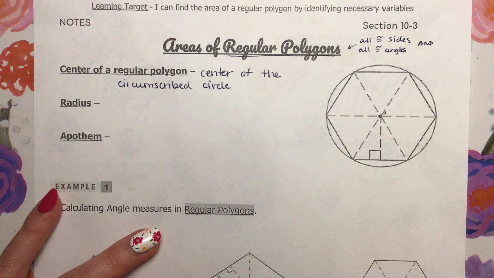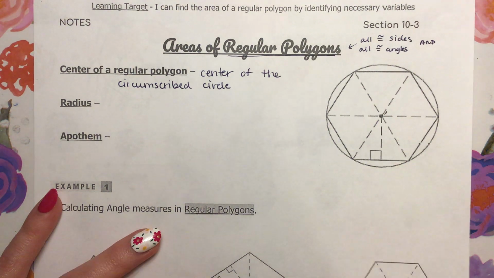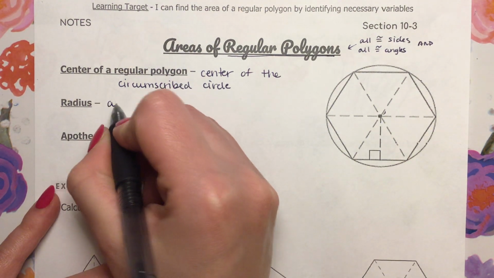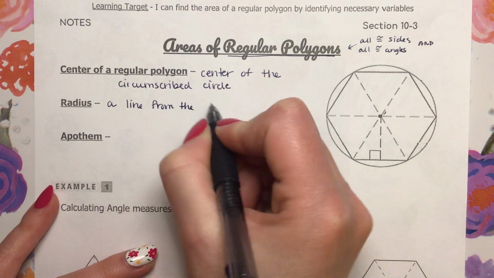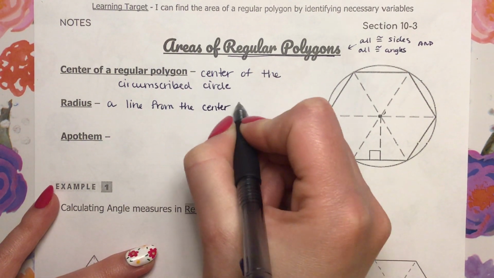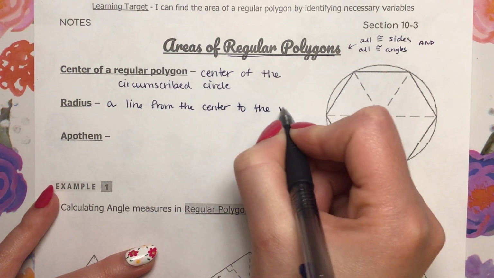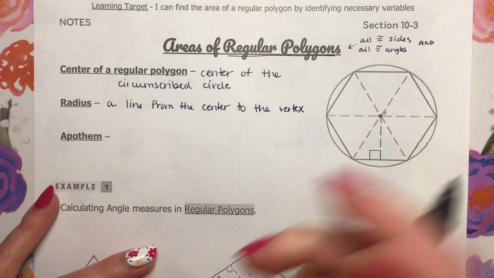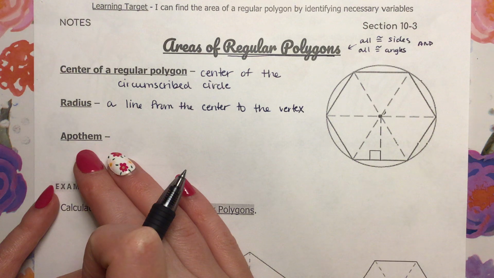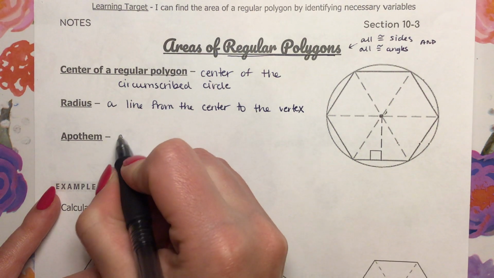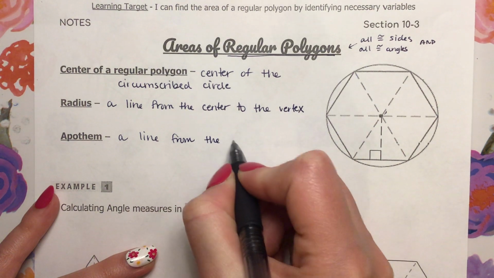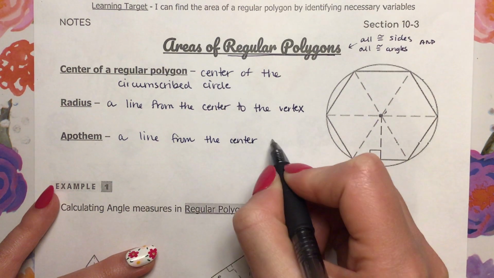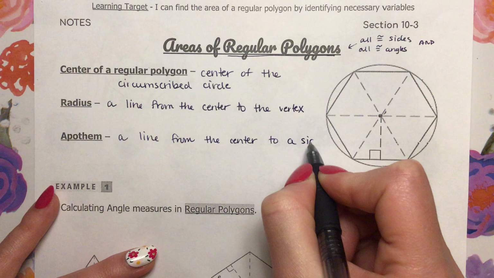The radius is a line that goes from the center to a vertex. So a line from the center to the vertex. And this is called an apothem. An apothem is a line from the center to a side.